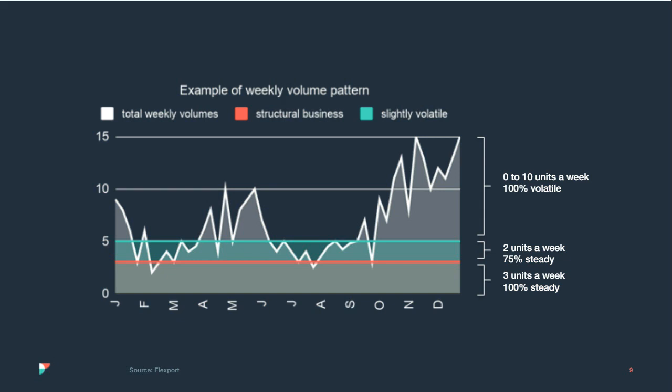And just simply looking at your forecast by looking at your annual volumes and dividing them by the number of weeks is not going to cut it anymore. And that's also not what, let's say, a lot of suppliers and carriers are actually looking for. Now, this example, you could apply for different dimensions of your supply chain.